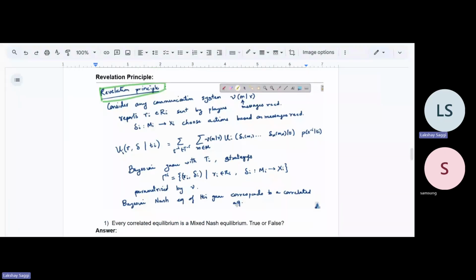To find the equilibrium of the system, one just needs to think of it as a system which also contains a mediator, and just find the correlated equilibrium.